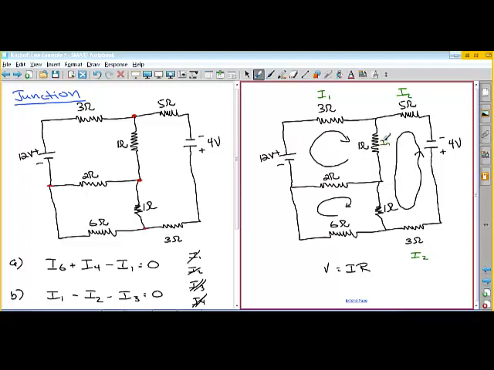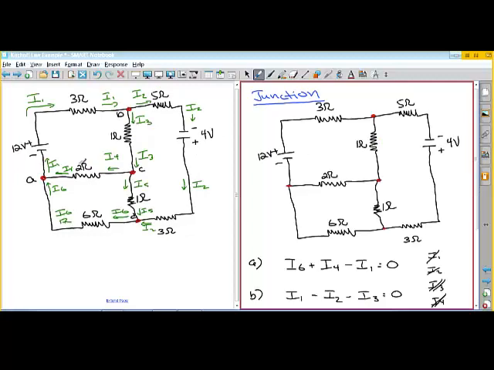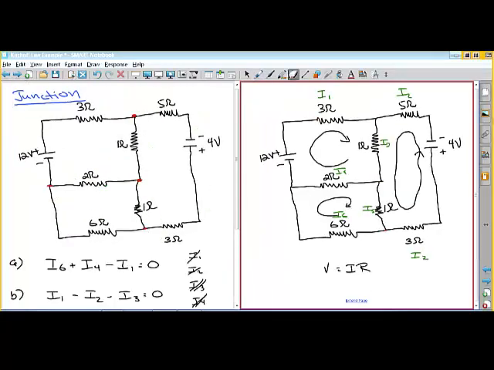Okay, so this had I3, this had I4, this had I5, and this had I6. So I've taken all the resistors and put the corresponding currents that have to go through those. Make sure I got those all right. So this is I4. I do a very good job drawing it. I5 is coming down. I6 is going across. Okay.